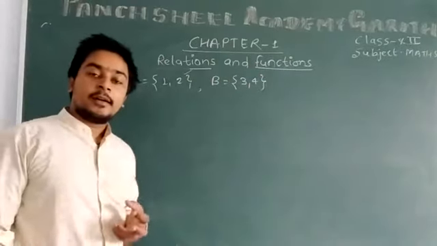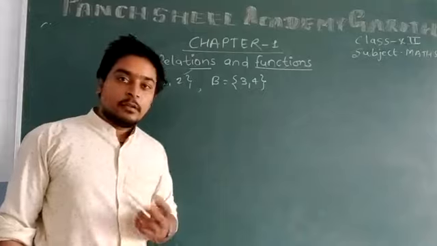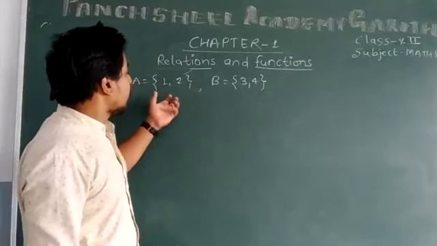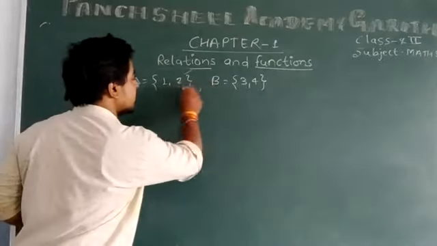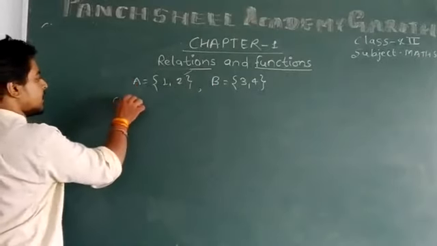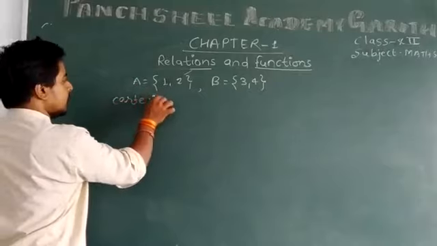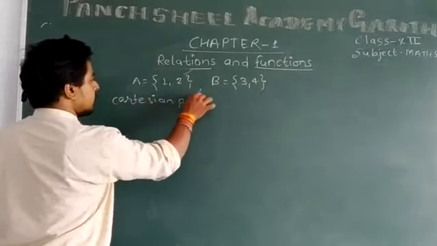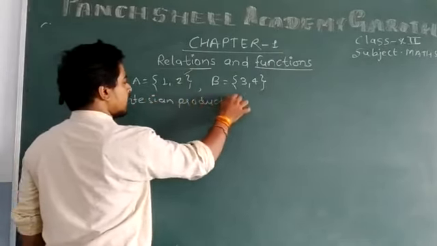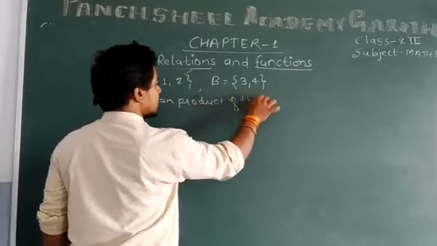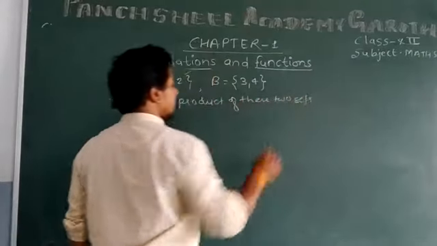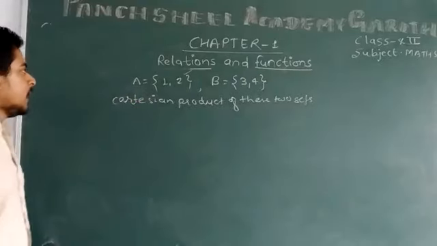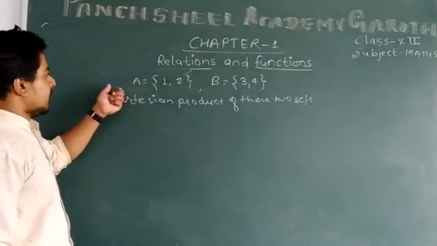Now we are going to find the Cartesian product of these two sets, A and B. We have taken the example.